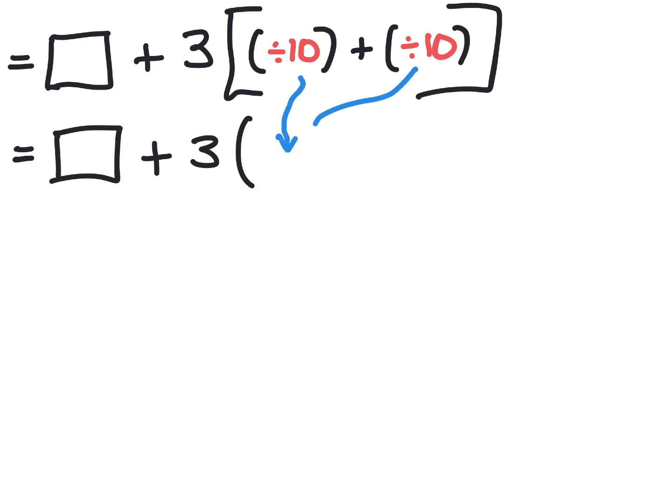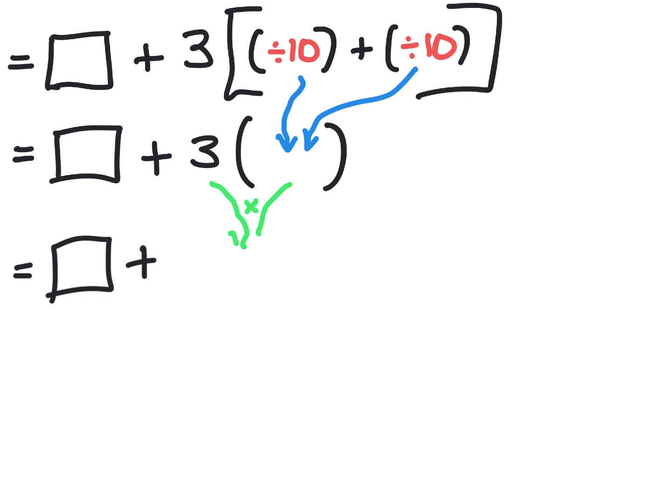When you've added the two divide-bys together, then you have to do your little column addition to work out what 3 lots of. So let's do it again. That same number goes again, and now you have to answer this sum. So 3 times that sum, and put that number there. And then on the last line, you would have your answer.